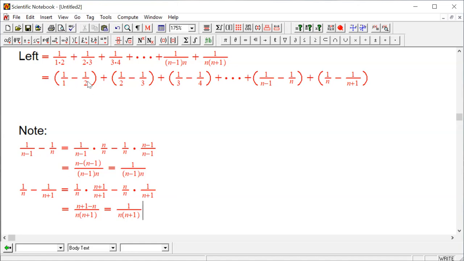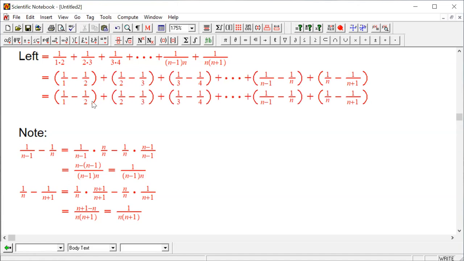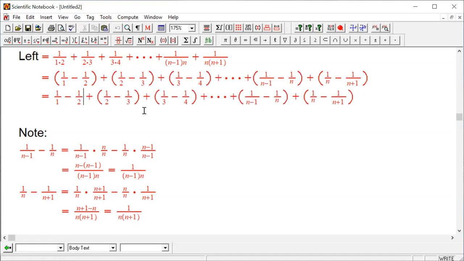I recommend you verify this one by one by yourself and pause it if you have to. But now this comes to the beautiful part. This is the part you're going to love. We can open up all the parentheses, right? Because before every parenthesis, they're just plus signs.